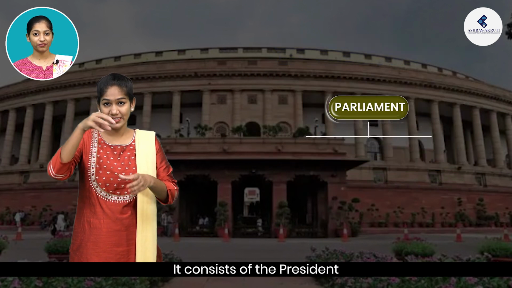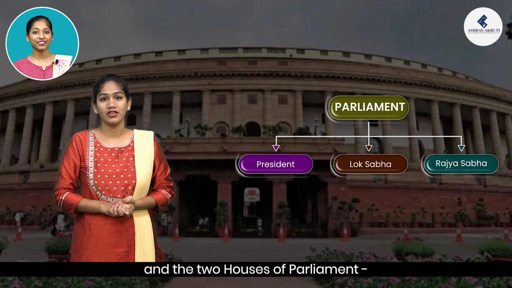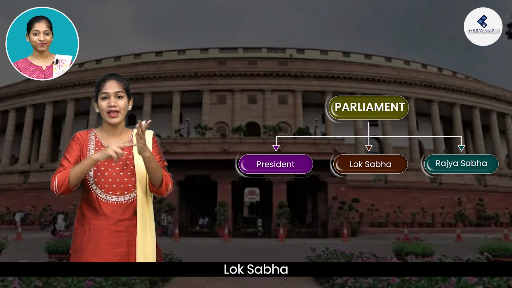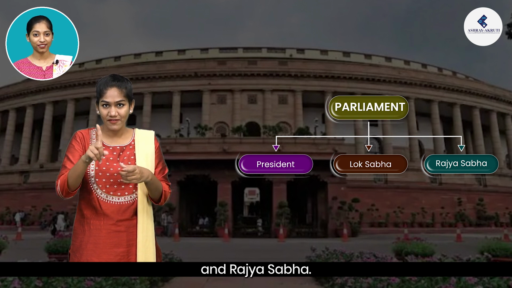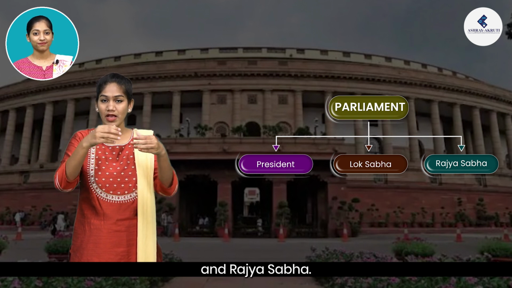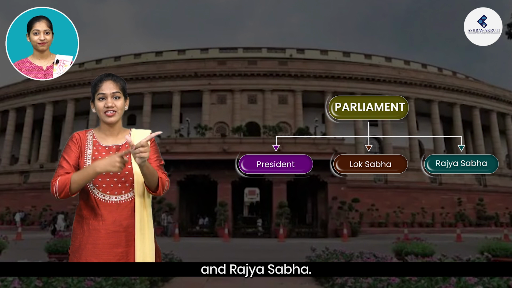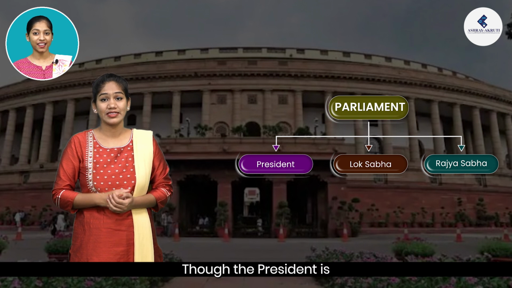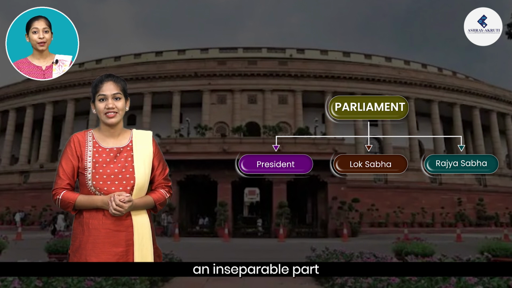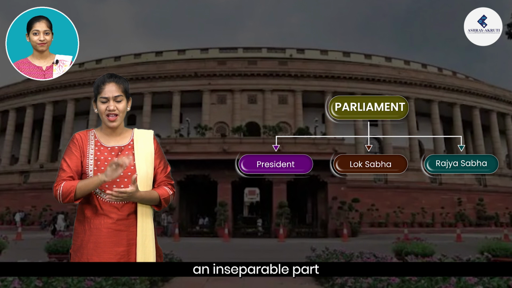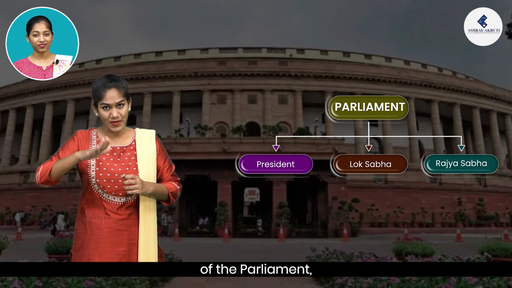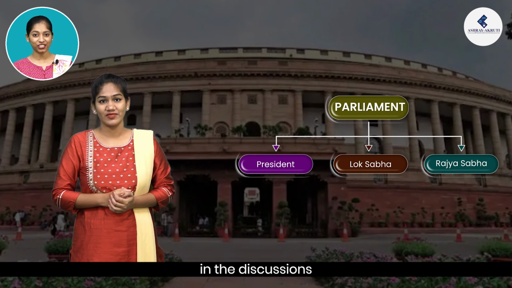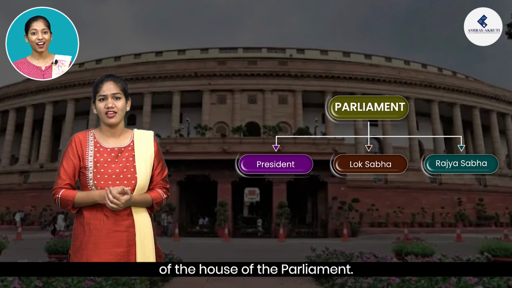It consists of the President and the two houses of Parliament, Lok Sabha and Rajya Sabha. Though the President is an inseparable part of the Parliament, he or she cannot participate in the discussion in either of the Houses of the Parliament.